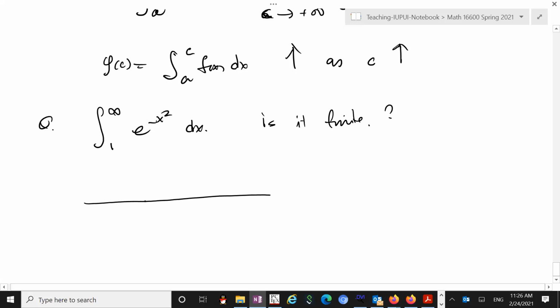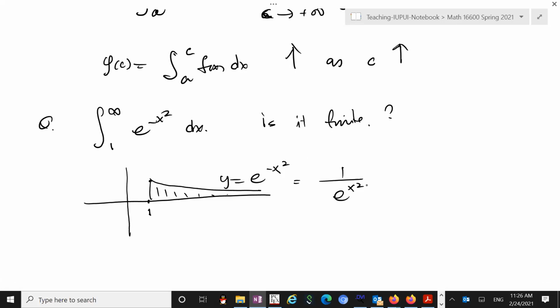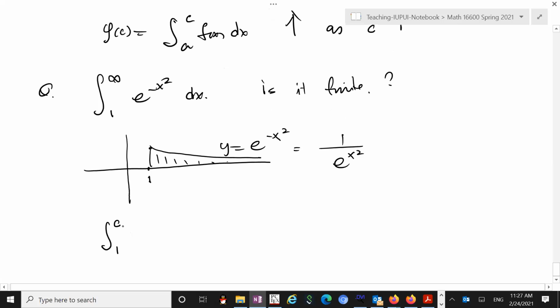The meaning of this integral is the area of the unbounded region y equals e to the negative x squared, which is 1 over e to the x squared. It approaches zero pretty fast, so I believe that it has a finite area. But how do we show that? All I have to do is show this is bounded. So from 1 to c of e to the negative x squared, how do I prove it's bounded?